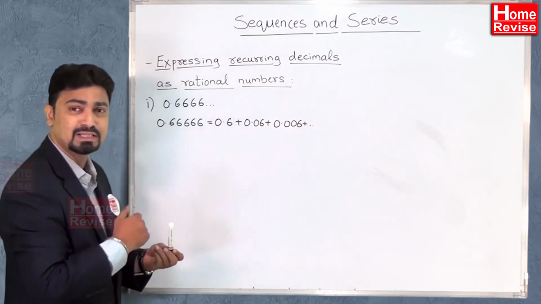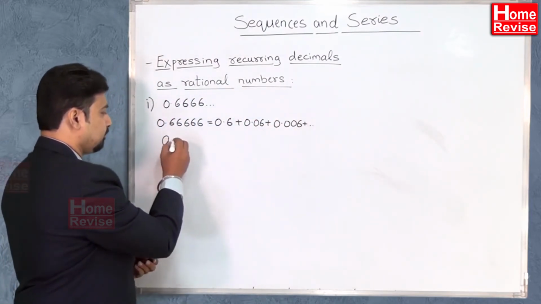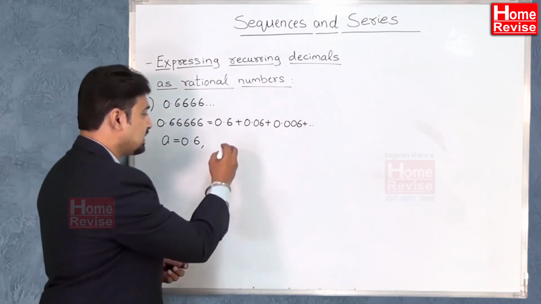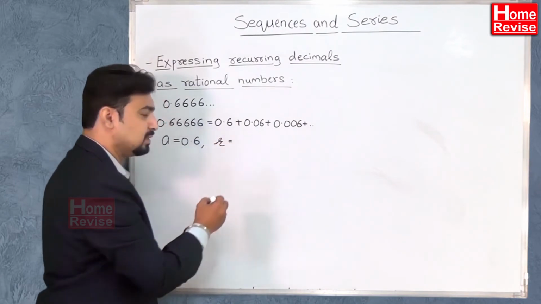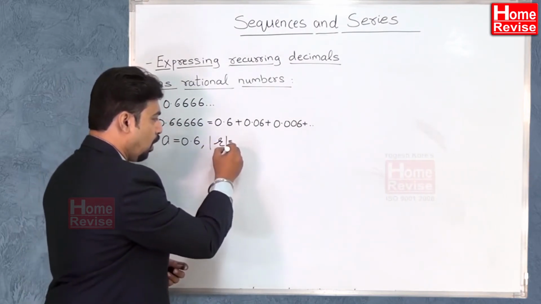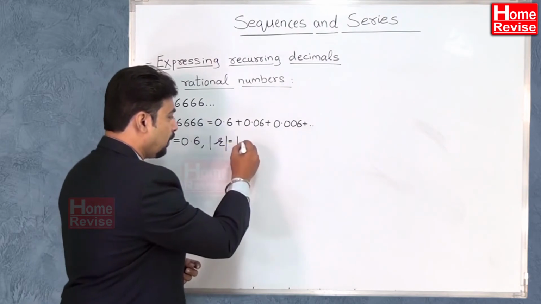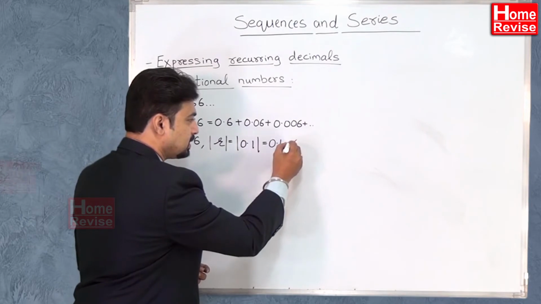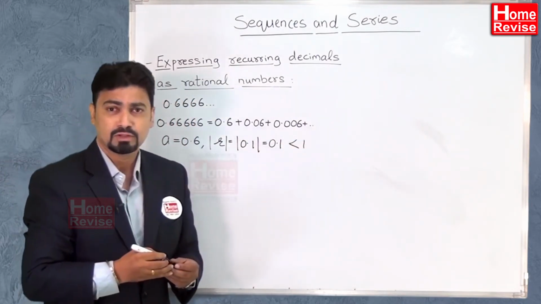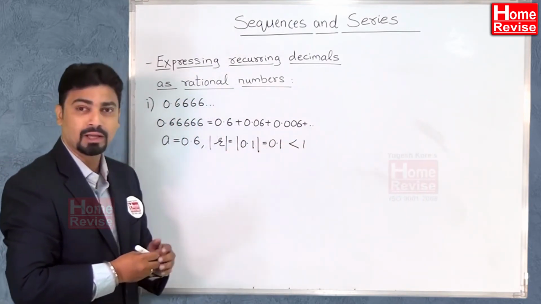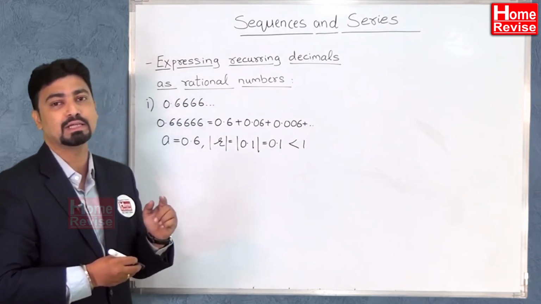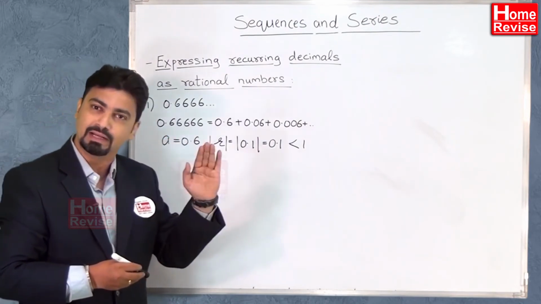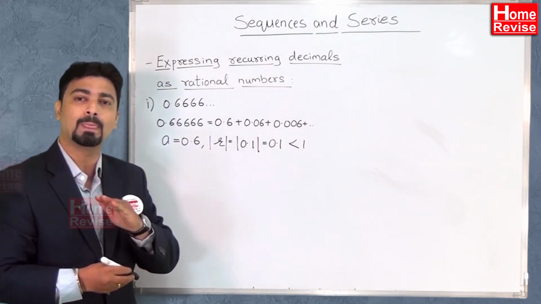So I can say this is a GP where A is 0.6 and my mod R is equal to mod of 0.1, which is nothing but 0.1, which is less than 1. So my mod R is less than 1, which means I can find the sum to infinity for this given GP, because we know that if mod R is greater than 1, the sum to infinity cannot be found.